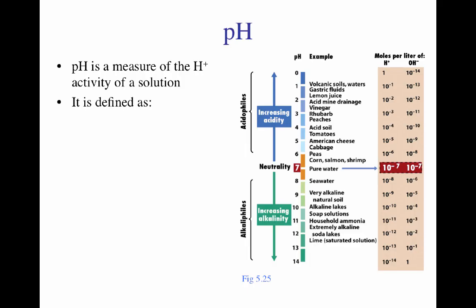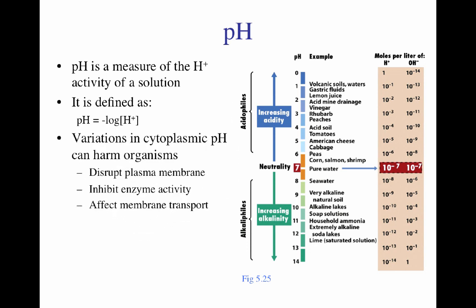Now, let's take a different turn and look at pH. And as you know, pH is the measure of hydronium ions or protons in a solution. And you define pH as the negative log of the concentration of protons or hydronium ions. Now, cells are going to maintain a pH in the cytoplasm of about 7.